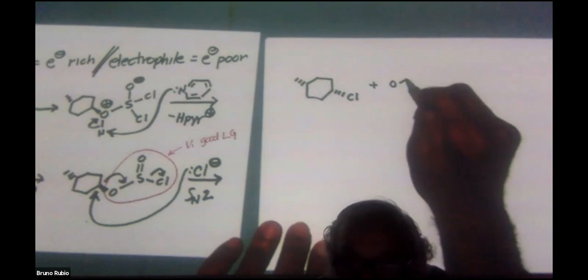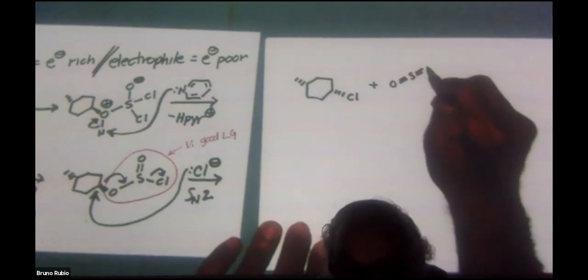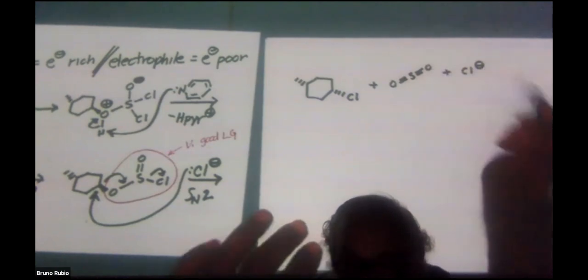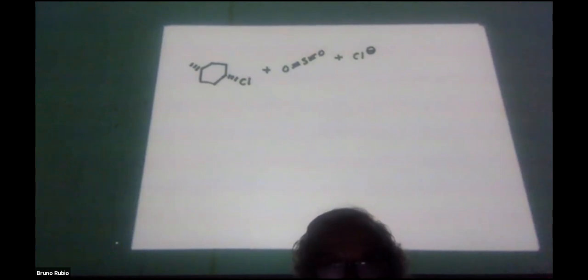The inorganic junk we don't care about is sulfur dioxide and more chloride. Okay, so there's our Darzens halogenation mechanism. And notice that we had this inversion of configuration, that wedge OH became dash Cl.